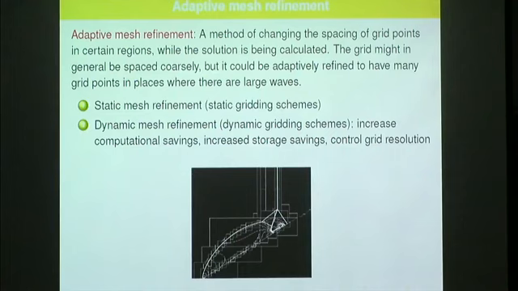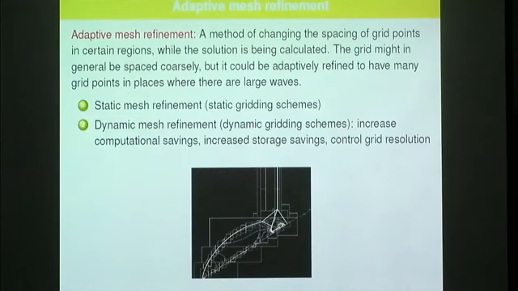There are two famous refinement methods, and one is static mesh refinement. If you can expect the location of the singularity, you can just use static mesh refinement. For example, around the boundary you can make many grid points, and where nothing happens you can make a rough grid.